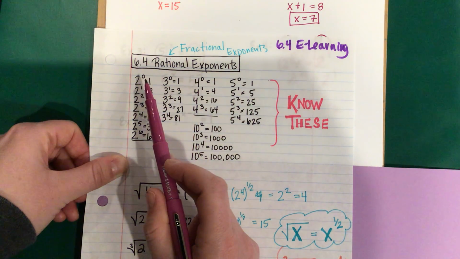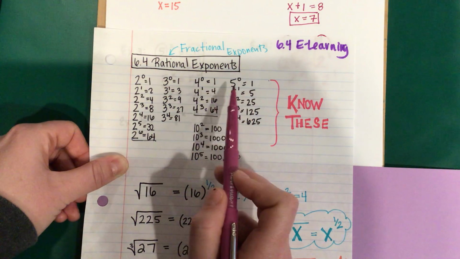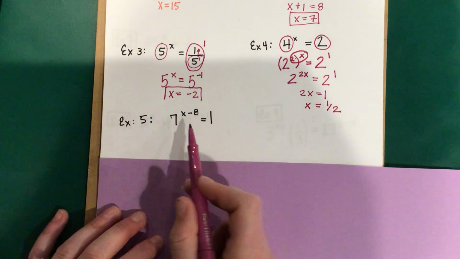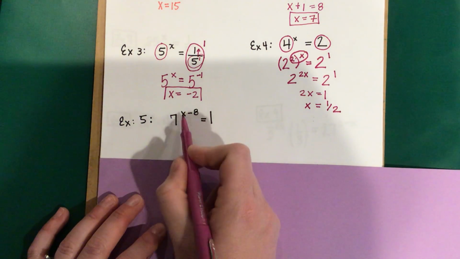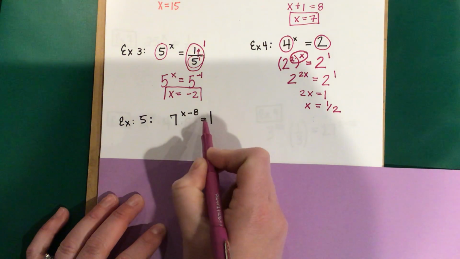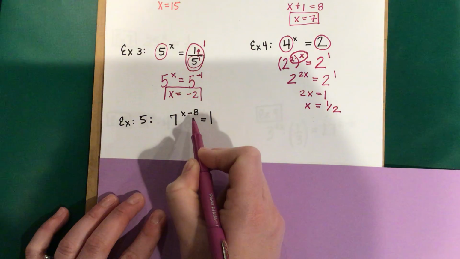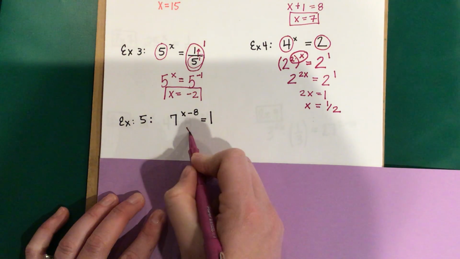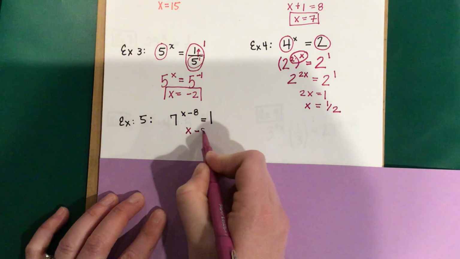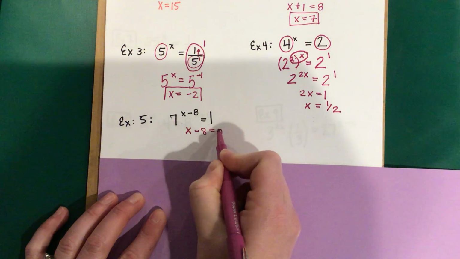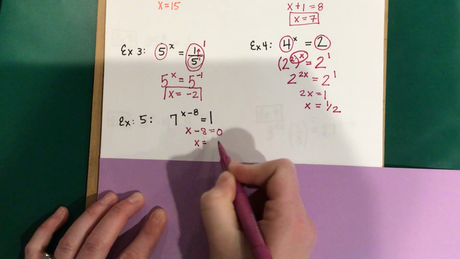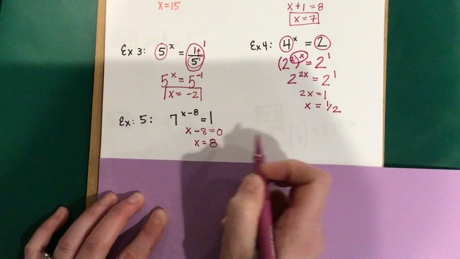Well, those are when we have an exponent of 0. So if I know that I've got my base raised to some power and it equals 1, my exponent has got to equal 0. So x minus 8 must equal 0. So x is going to equal 8.